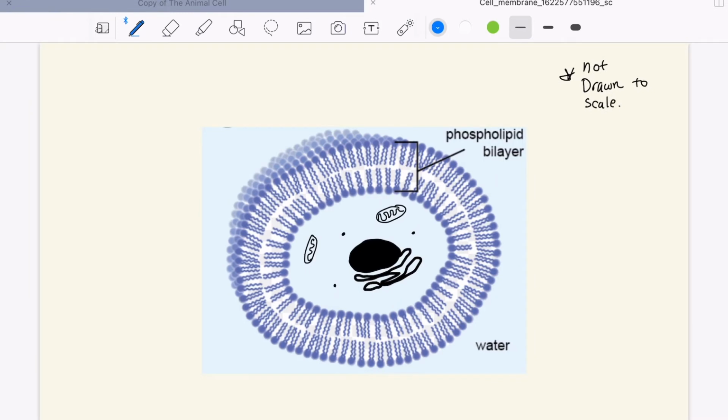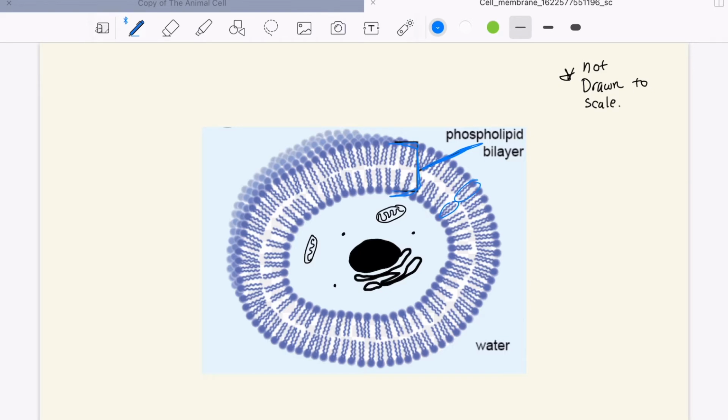Now, I just drew some organelles to give you a better perspective and triple check that you understand that this is truly how your cell membrane looks. Now, it might not be this thick in terms of ratios. It might be a lot thinner, but this is how your cell membrane looks. The phospholipid bilayer, that 2-layer.